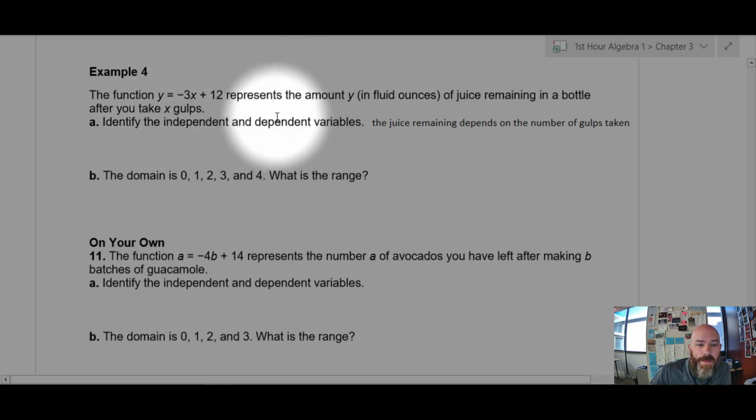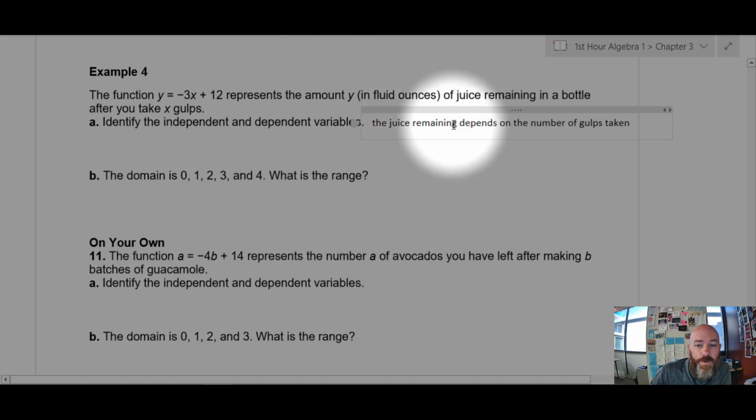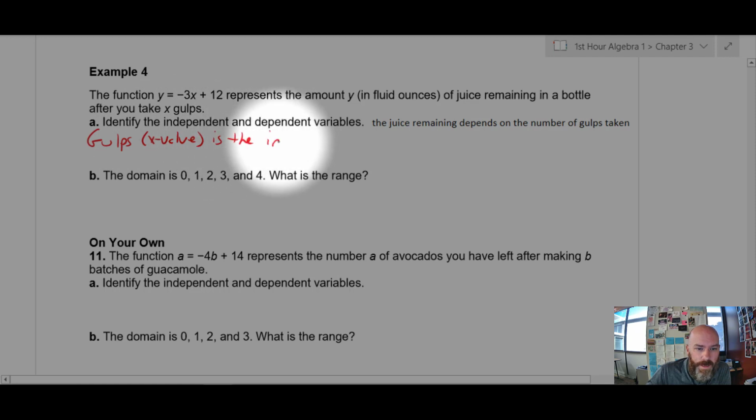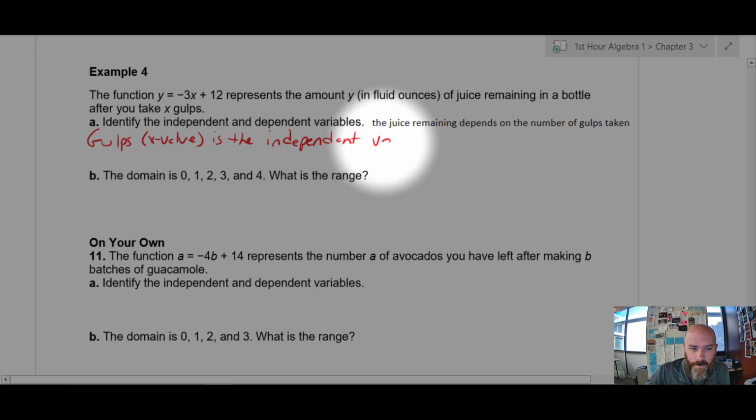So they want to identify the independent and dependent variables. Since the juice depends on the number of gulps, that means gulps, which is your x value, is the independent variable.